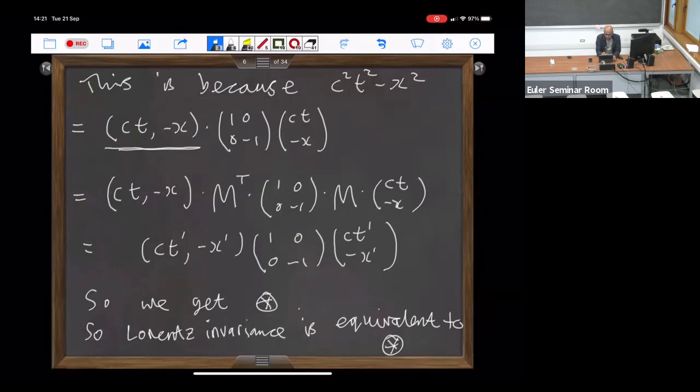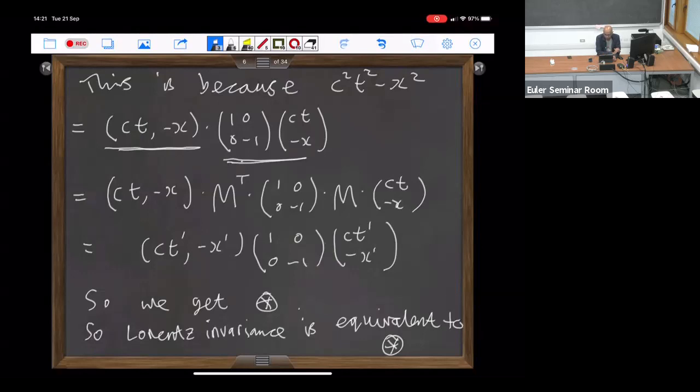Now, normally I could write here, instead of the product of the Minkowski metric with the vector, just the vector (ct, x). But instead, I'm going to write it as the Minkowski metric times the vector with components ct, minus x.